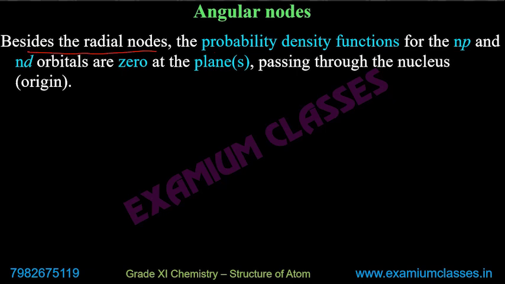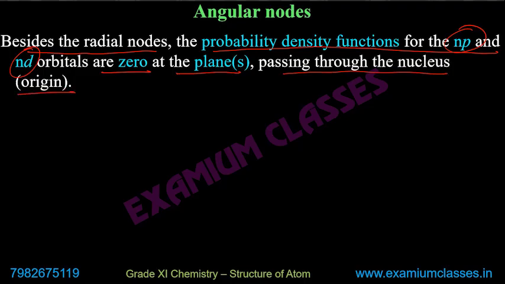Besides the radial nodes, the probability density function for np and nd, that is p and d subshell, is zero at the planes passing through the nucleus, the origin.